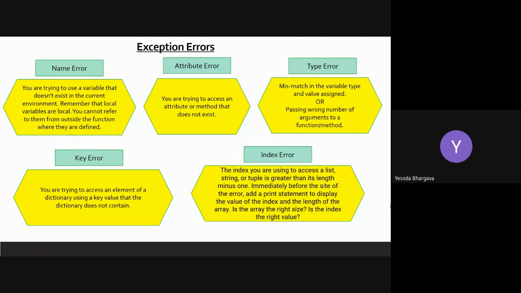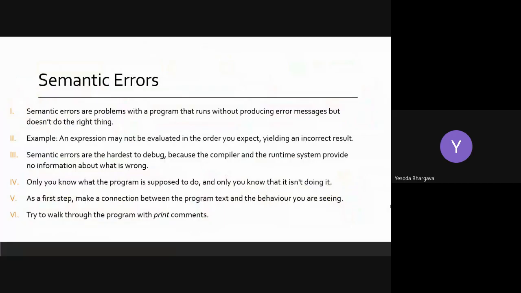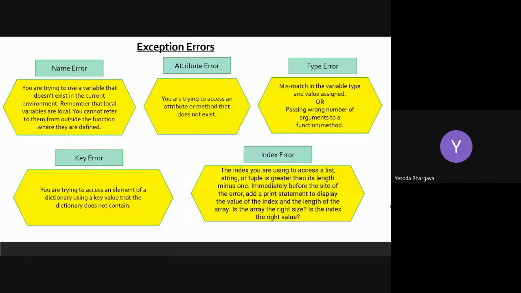But there is a certain set of errors which are semantic errors. Before I discuss semantic errors, any guesses what a semantic error would mean? And how is it different from a runtime error? It doesn't have a particular meaning. Semantic generally means meaning.